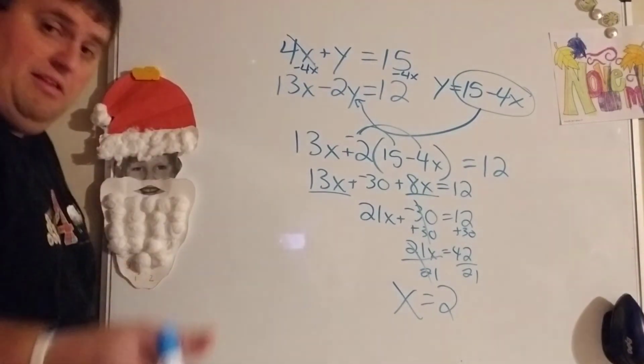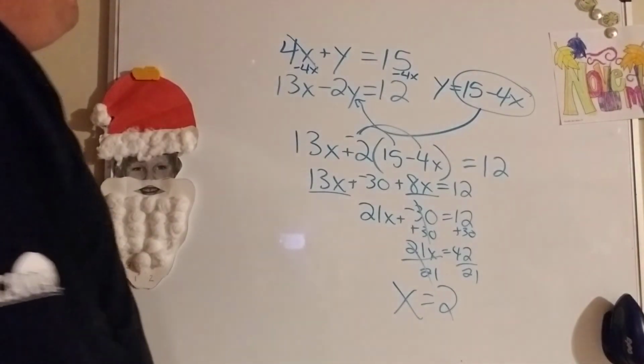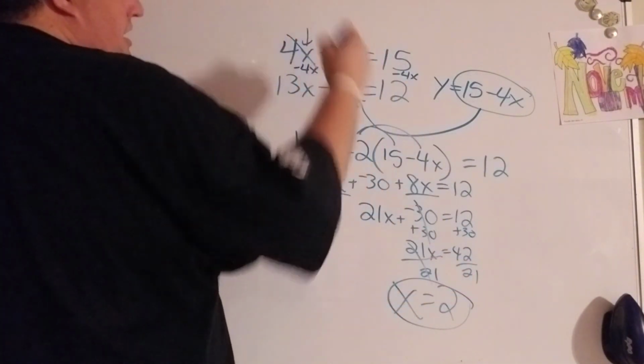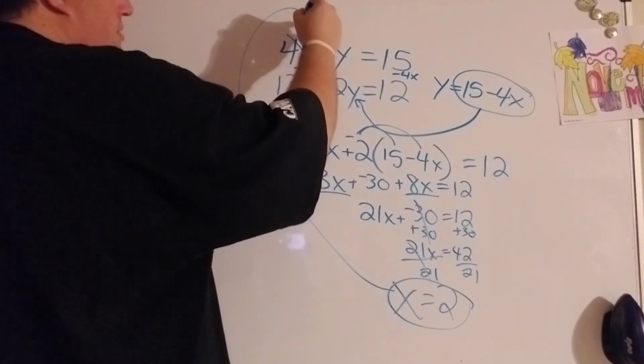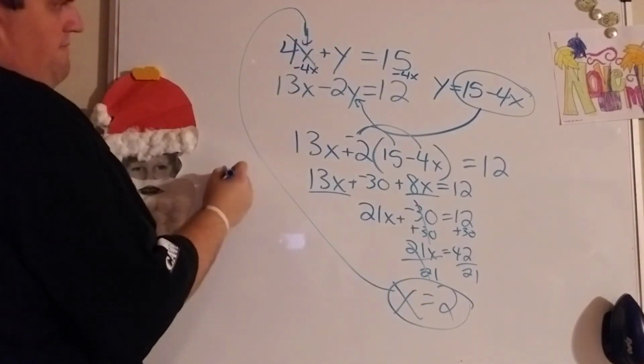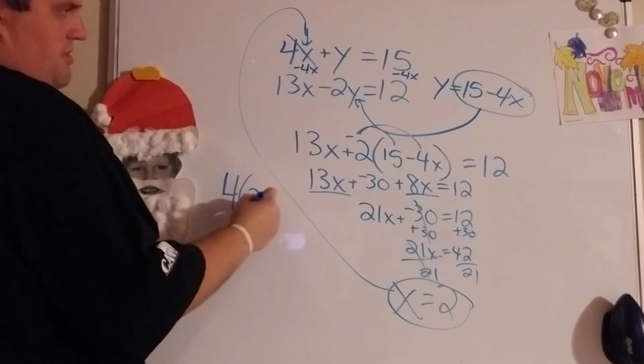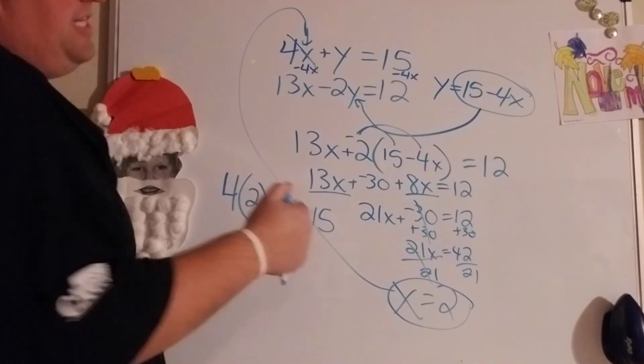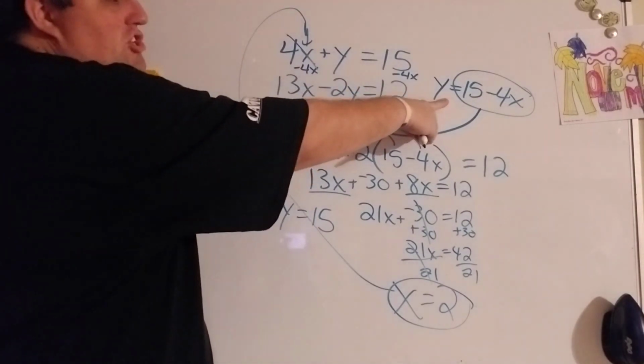Awesome. But I'm not done yet, because I'm looking for the whole ordered pair. So I'm going to take x equals 2 and put it in for x. So I got 4 times 2 plus y equals 15. This is a really good time for me to say: remember, we rewrote one of the equations over here.